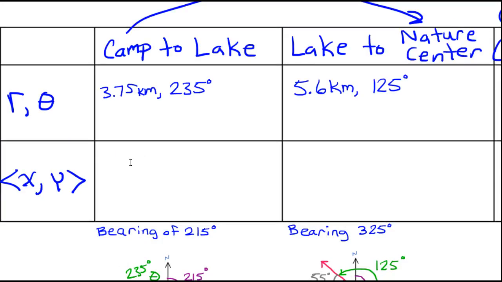Okay, so for this first vector, r cosine theta would simply be 3.75 cosine 235, and r sine theta would be 3.75 sine 235. Let's put this in the calculator.